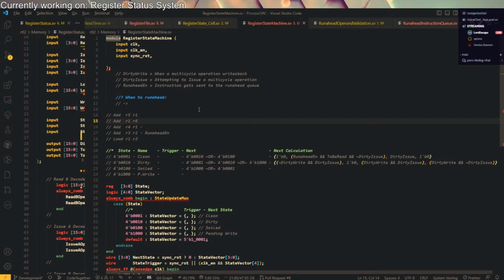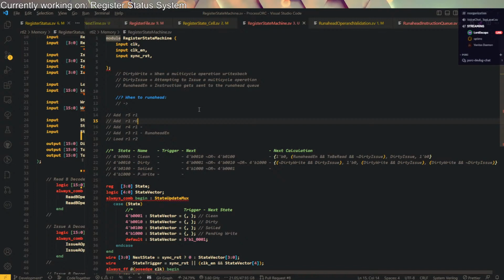So since this pipeline is split into two halves, single cycle operations and multi-cycle operations, the dirty bit is set whenever you're writing an instruction that just got issued as a multi-cycle operation, so the system knows that that's not a clean operand on the next cycle. Since the next instruction wants to use that dirty operand, you take that instruction and push it to the run ahead queue.